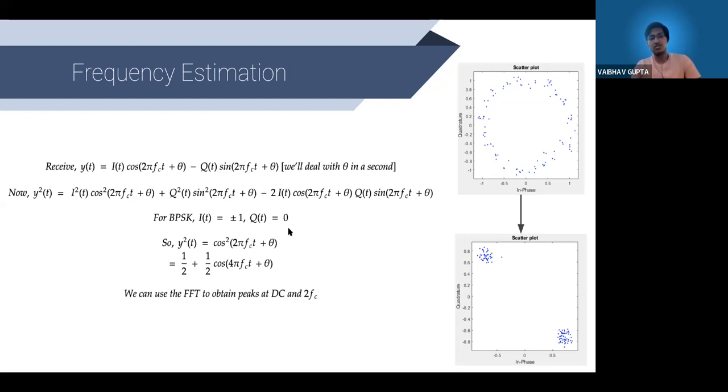Once you start coming into some of this, it becomes more specific. If you had a more complicated constellation diagram, you wouldn't be able to do this. You would have to use different methods to estimate the carrier frequency. Any questions about this?